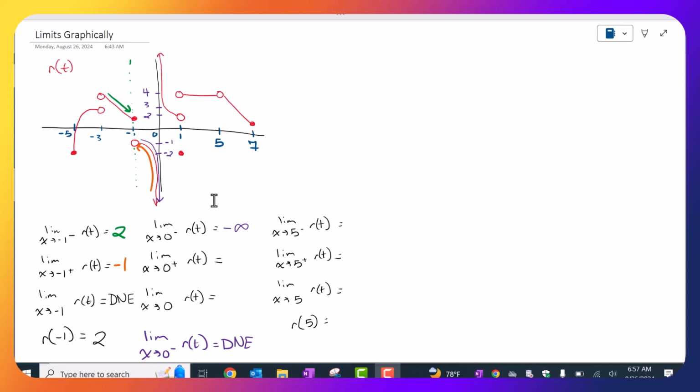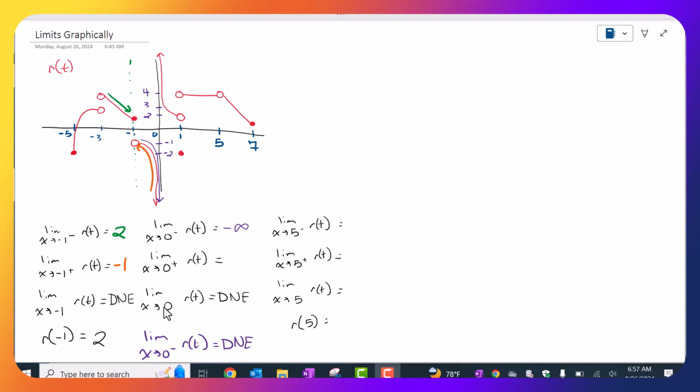And the reason I say that is because now that I've said that technically this limit does not exist, that lets us know that immediately our two-sided limit also does not exist. But we can go through and check that still, just to make sure. And I didn't say that in class because I thought it might be confusing, but if you're watching the video, you can get that little extra bit of information.